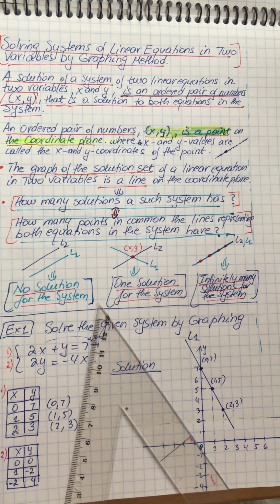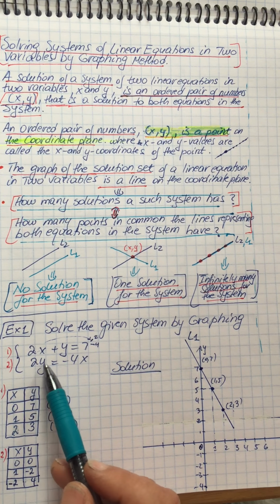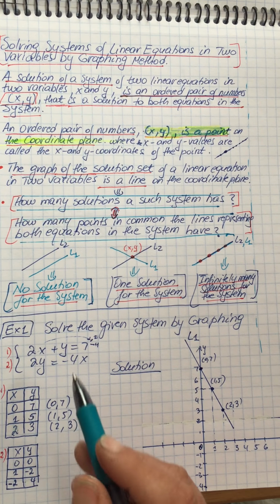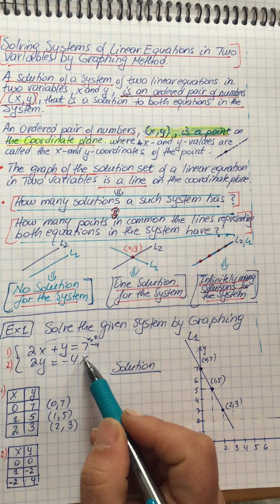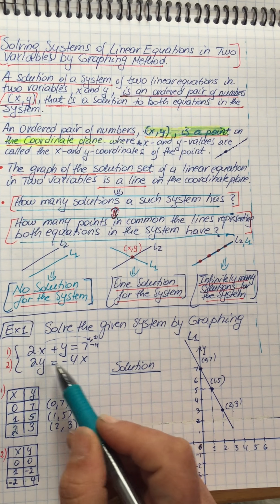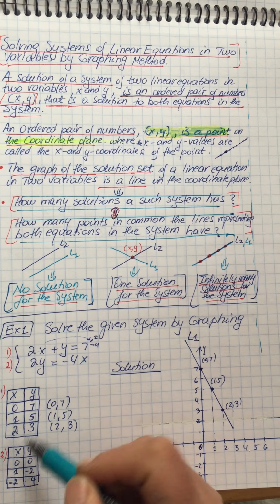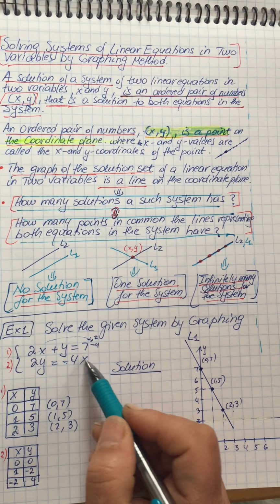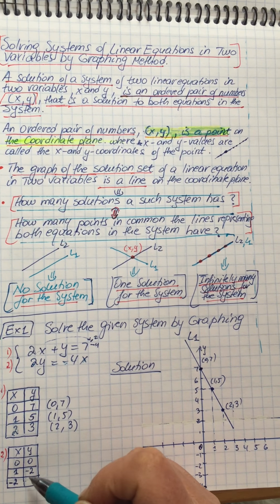And now let me go and graph the second equation. If I let x be 0, that means 0 times 4 is 0, so y will be 0. If I let x be 1, 1 times negative 4 becomes negative 4, and negative 4 divided by 2 is negative 2.